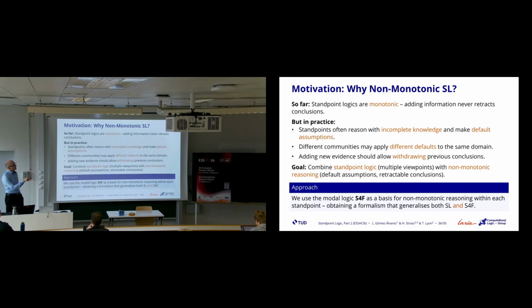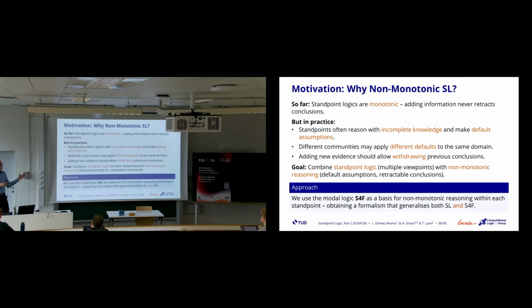Well, the logics we have seen so far, in particular the classical propositional standpoint logic, but also first-order and description logics, are all monotonic, meaning logical entailment in these languages is monotonic. That is, if you add something to your knowledge base, then any logical conclusion you could draw before still remains valid. So adding more prerequisites only leads to more conclusions, but never to fewer conclusions.